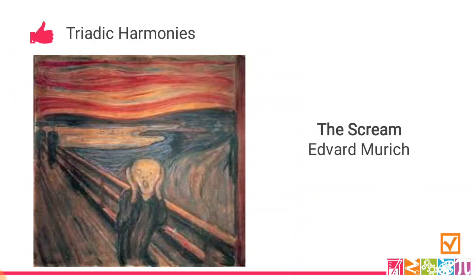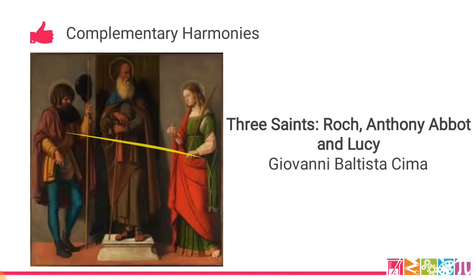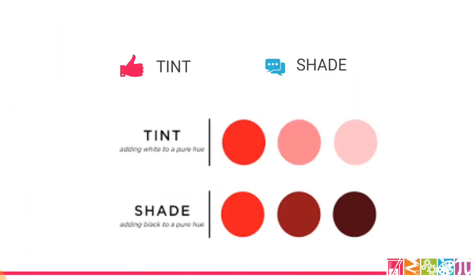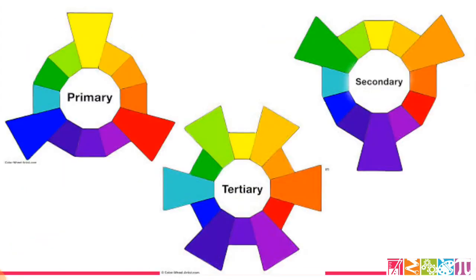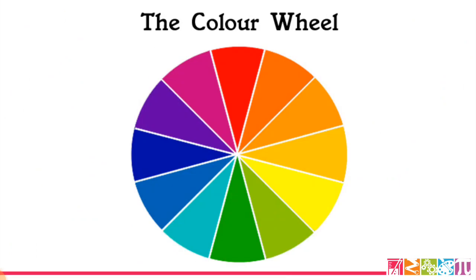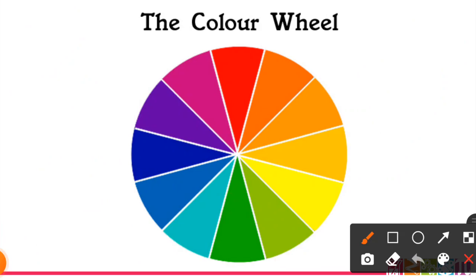And we also have triadic harmonies. So ito na may triadic harmonies is, when we talk about triadic, it means tatlo. So therefore, of course, let's go back here in our color wheel. So sir, paano natin, of course, ma-identify na triadic ang color? So, gawa lang tayo ng triangle.